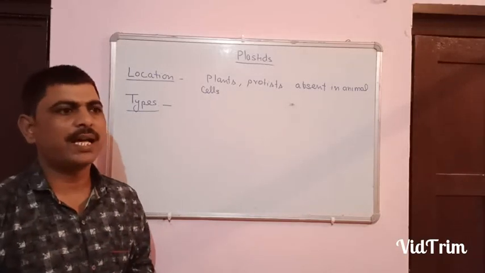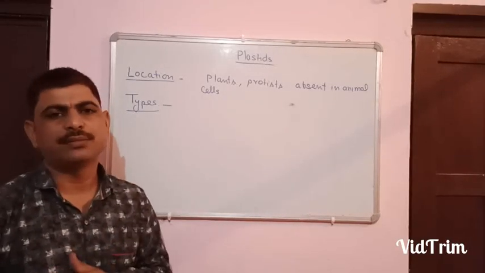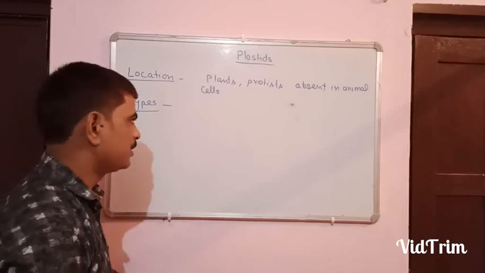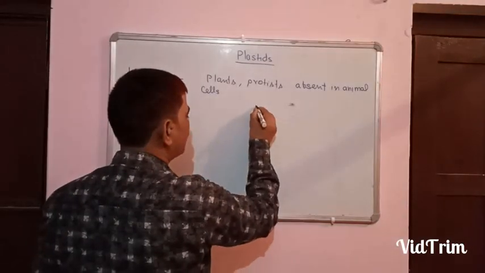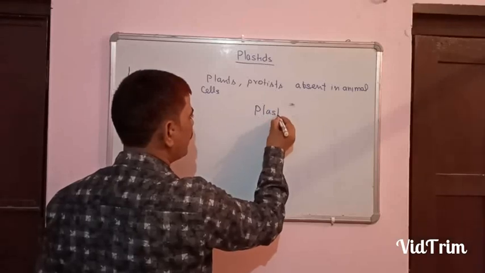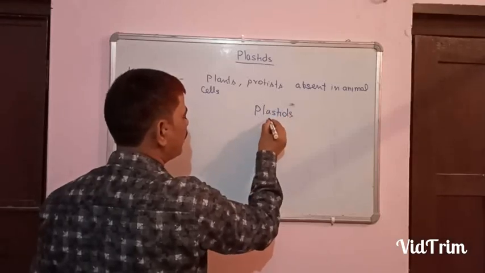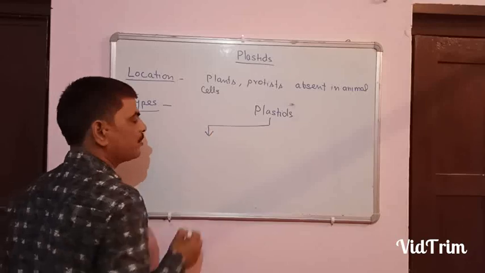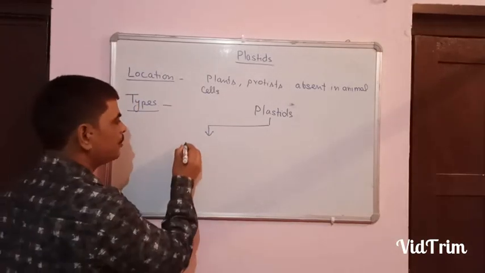But they are basically classified into two broader categories. Plastids are broadly categorized into two categories.